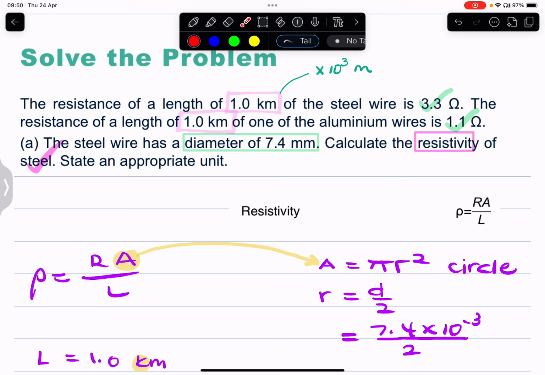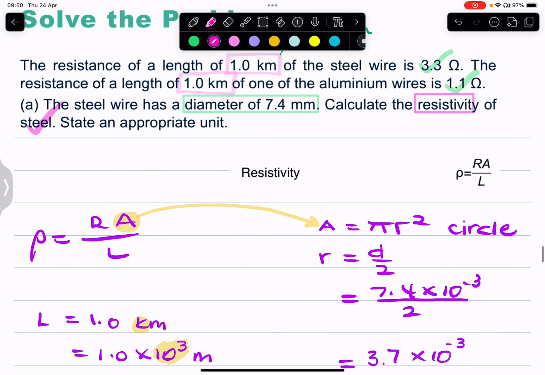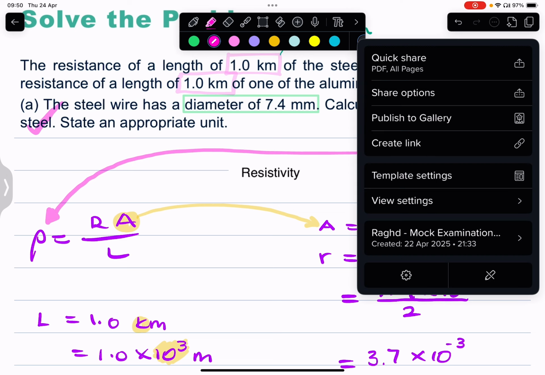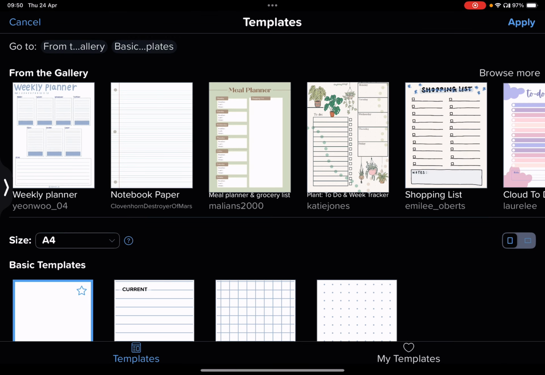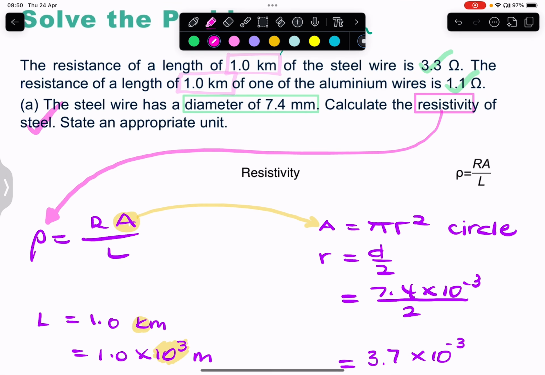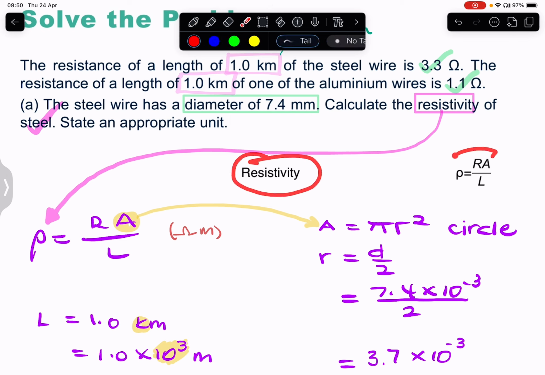So resistivity is this symbol here, rho. It looks like a P, and it's actually resistivity, and the units is in ohm meters. So from the formula sheet, resistivity is R multiplied by A divided by L.